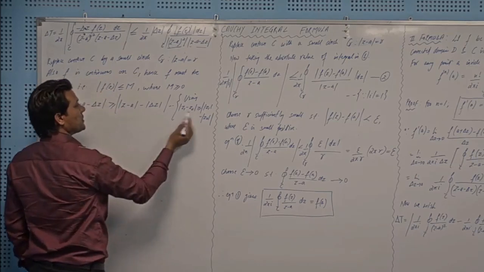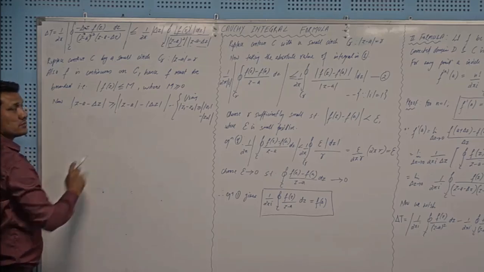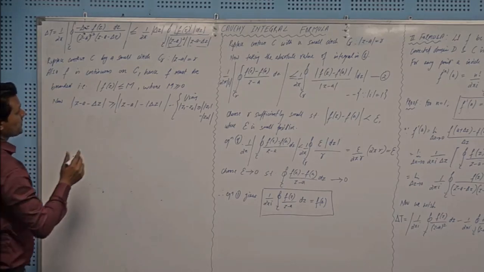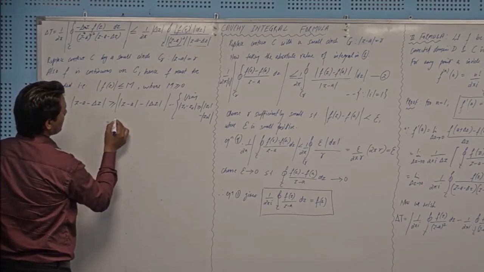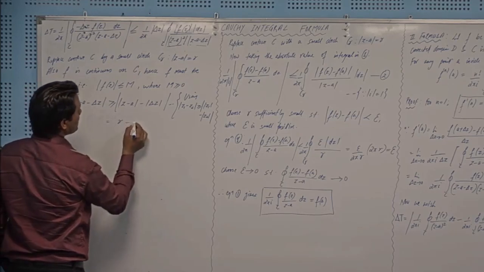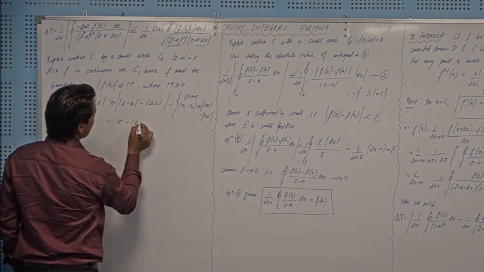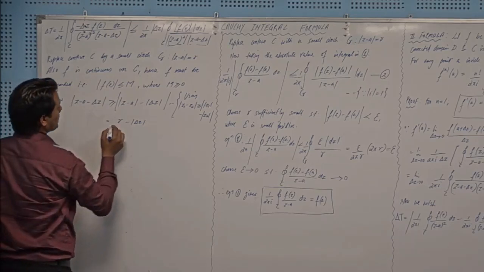So this is the inequality you need to know to write this. Then it will become mod, it is r minus delta z.